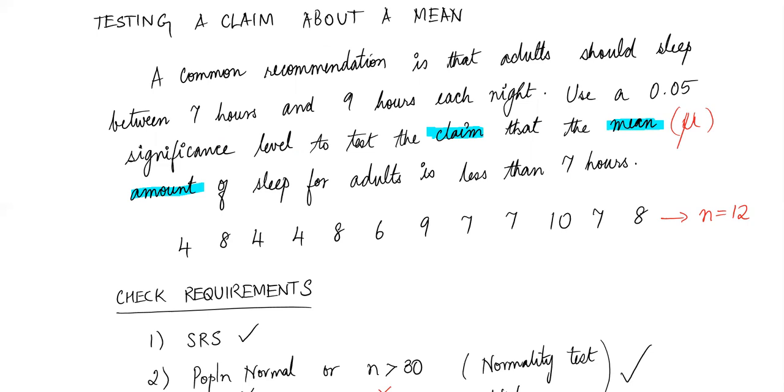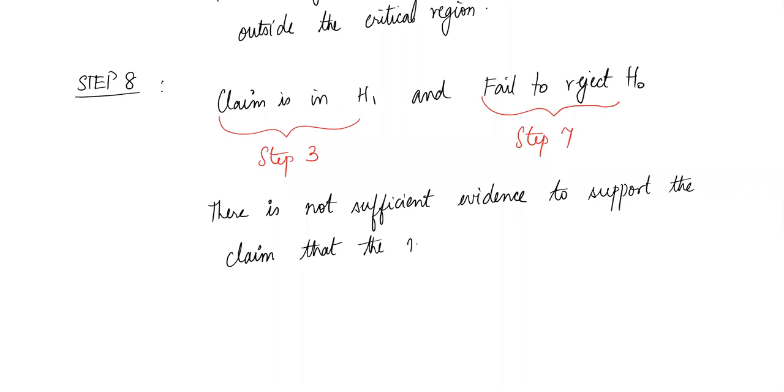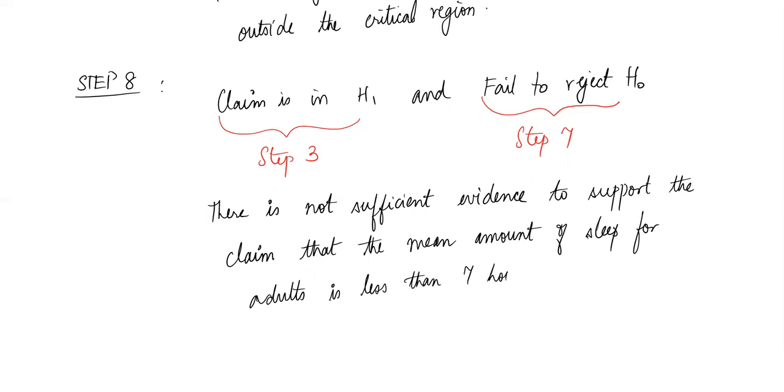Pull that statement and insert it there. Let me read that again. There is not sufficient evidence to support the claim that the mean amount of sleep for adults is less than 7 hours, which means the claim cannot be supported.